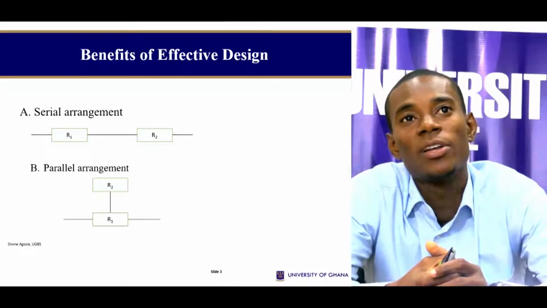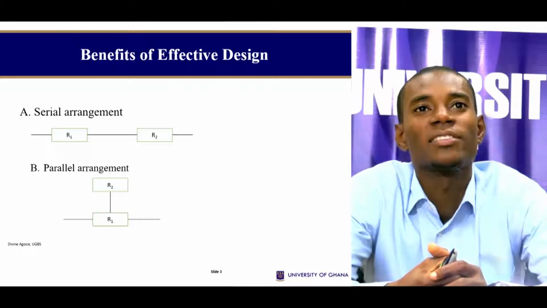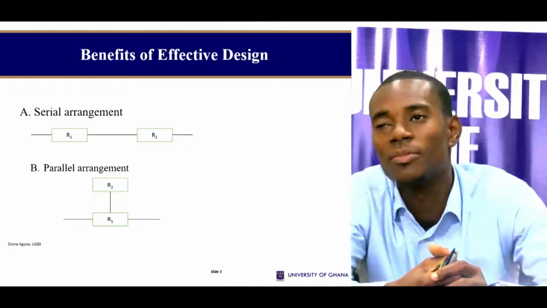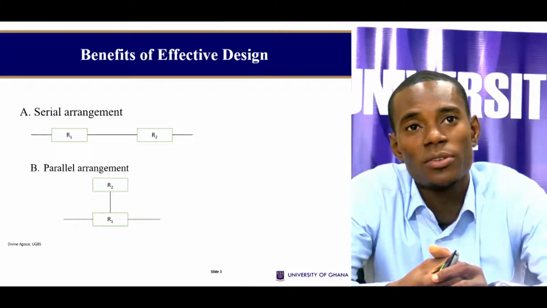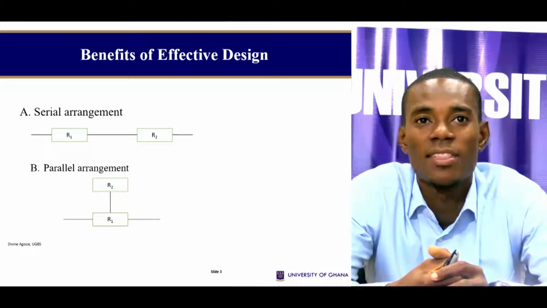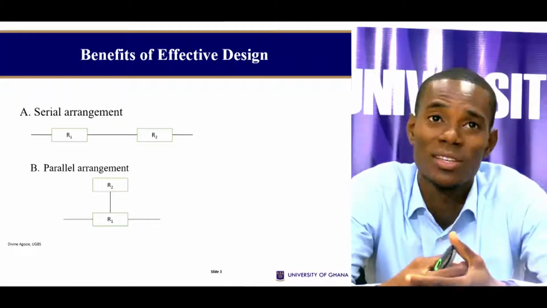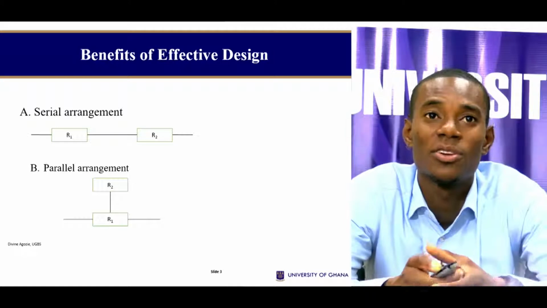So under reliability, a serial arrangement is when you find the components arranged in a horizontal manner. The second one, the parallel arrangement, is when you have something arranged one above the other. We will understand what this actually means. Trust me, this concept is a very interesting one.